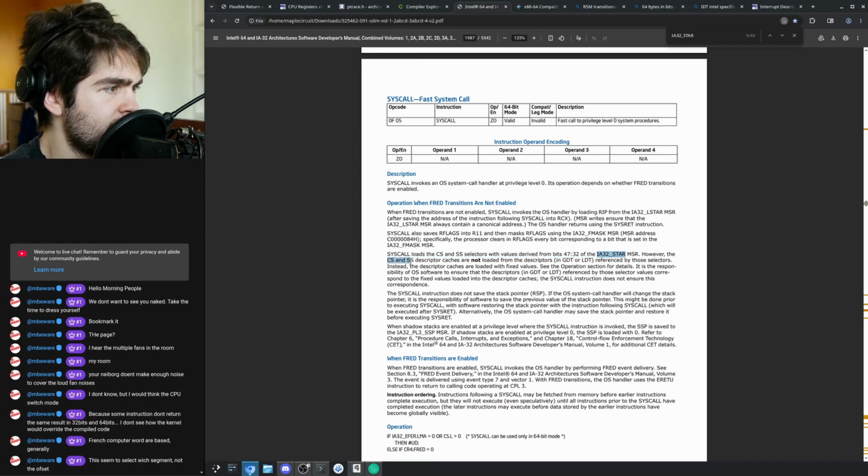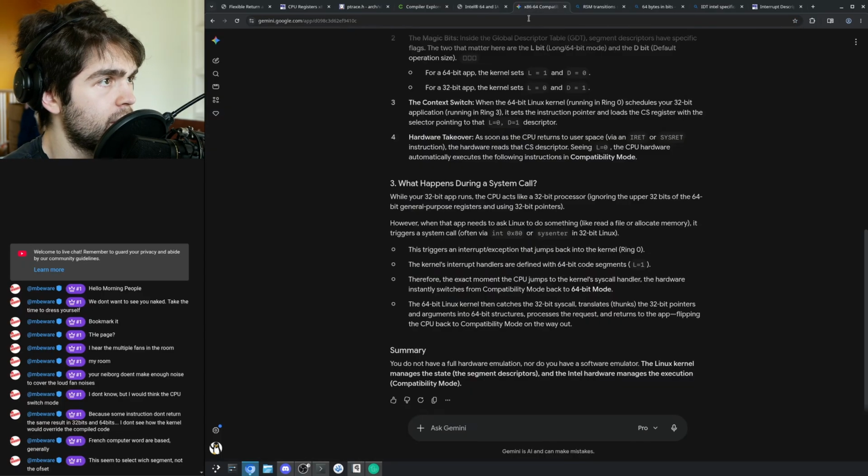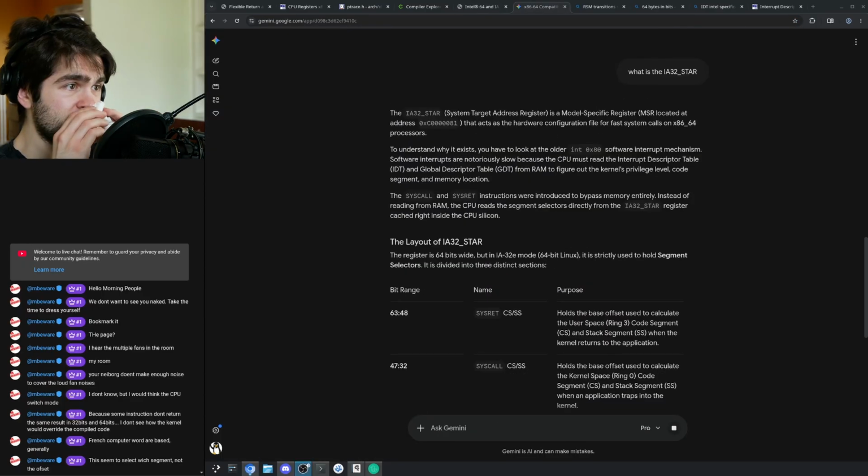However, the SS and CS descriptor caches are not loaded from the descriptors in the GDT or LDT referenced by those selectors. Instead, the descriptor... I'm confused how this helps me in any way. Shit. AI, come.